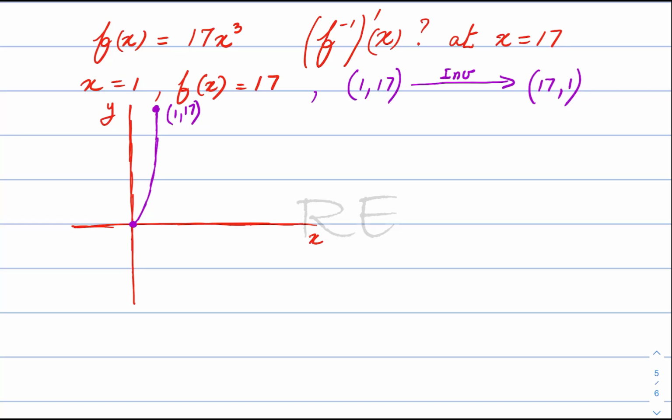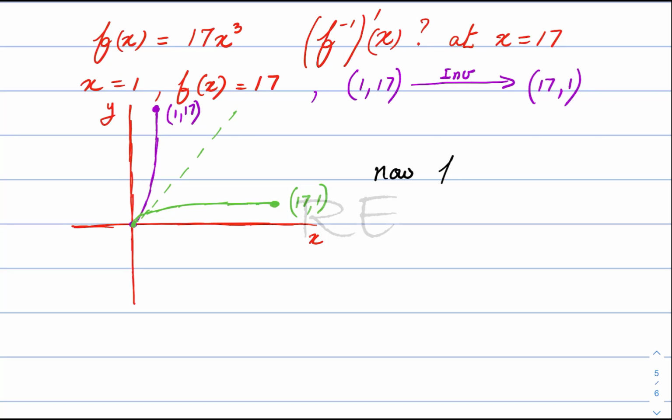We swap x for y. And the inverse is the reflection of this graph over the line y equal to x. Here we go. A quick sketch will be this one with 17 and 1.